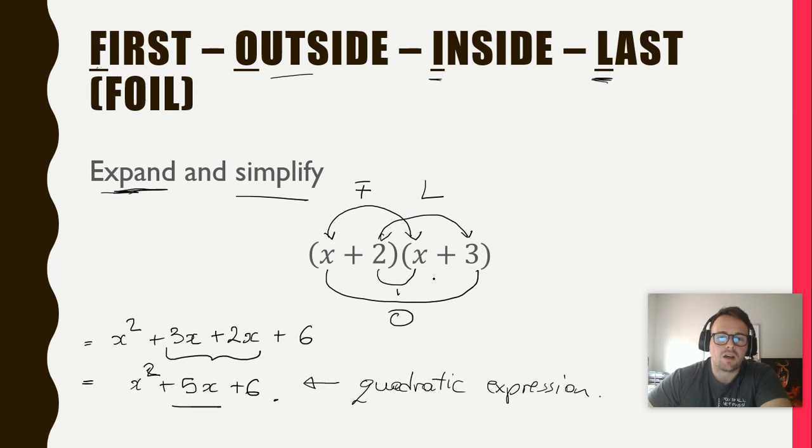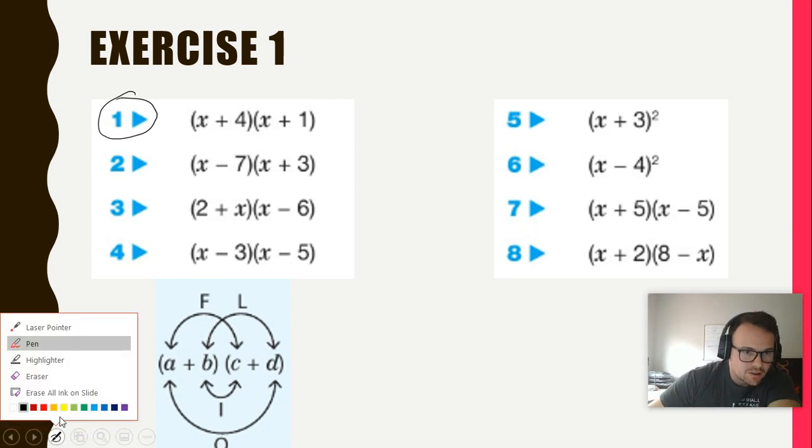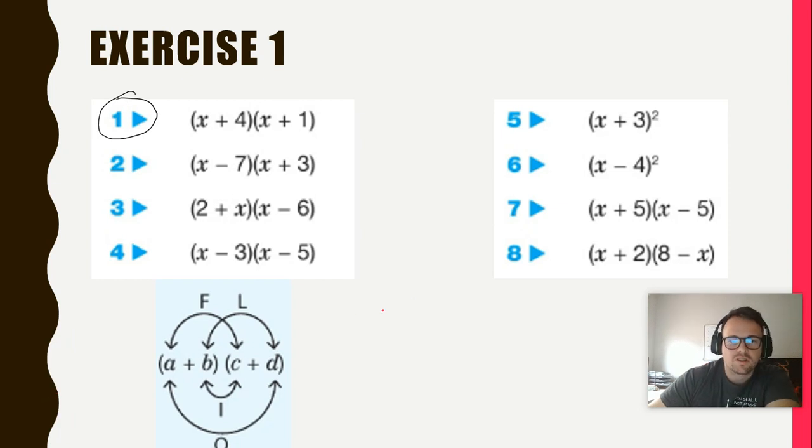I hope this was useful. Here you have some examples so you can try for yourselves. I'm actually going to show you with this first question. I don't follow this FOIL method. I don't really like it, but it seems that students find it easier to work with at the beginning, I guess.